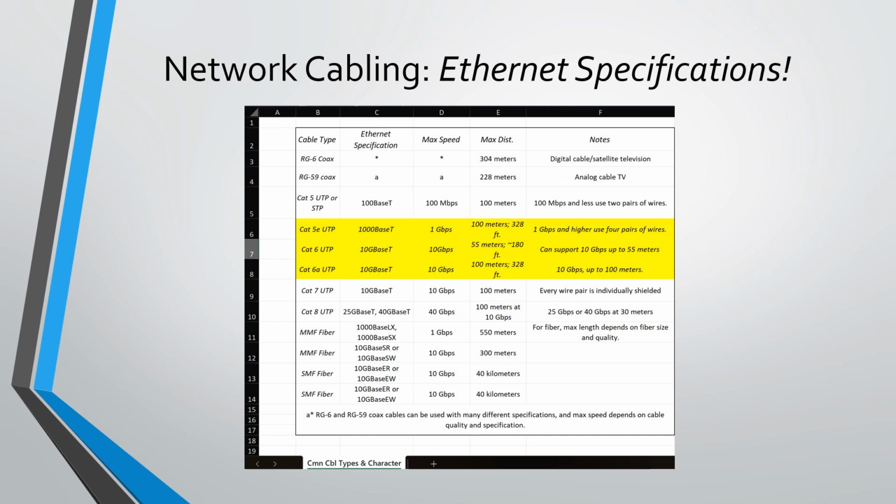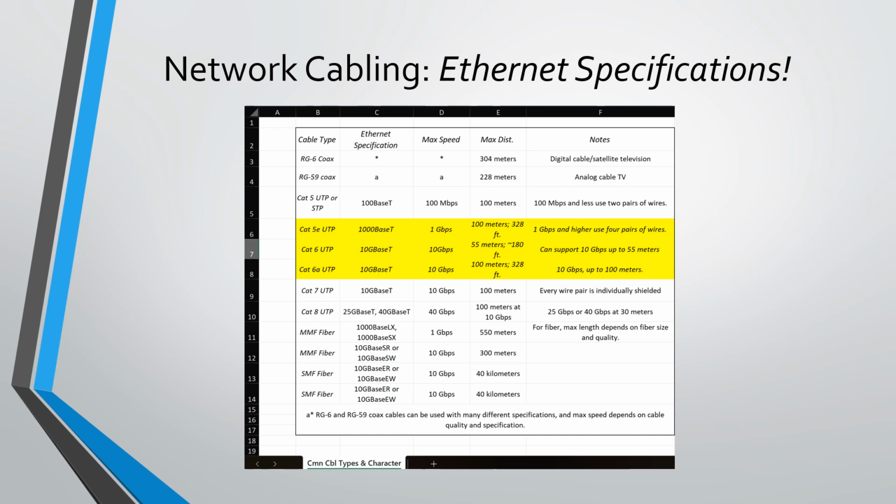You can see cable type or category, Ethernet specification, maximum speed, maximum distance, and nodes. You'll see that I have highlighted category 5E, category 6, and category 6A in yellow.